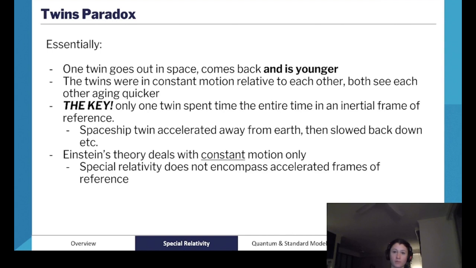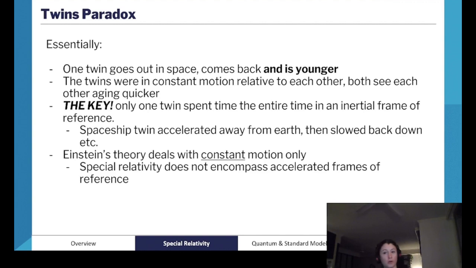The key, or the solution, is that only one twin spent the entire time in an inertial reference frame. The twin on the spaceship actually accelerated away from Earth, then got to the planet, turned back around, so it changed direction.